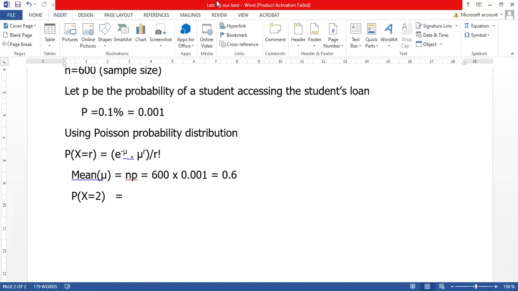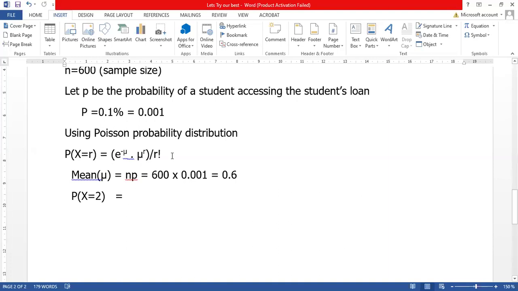This is exactly 2, not less than 2. We are not dealing with inequality, greater or less. Where there is R, put 2. Where there is lambda, put your mean.